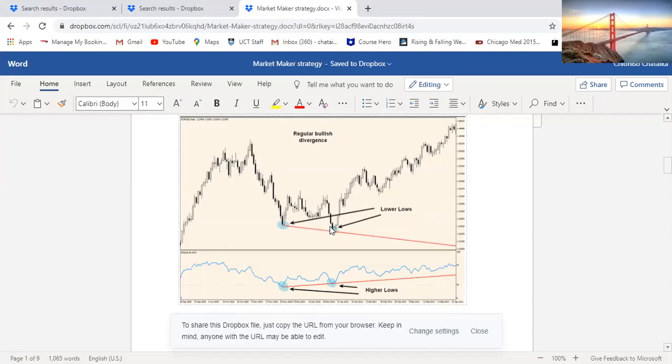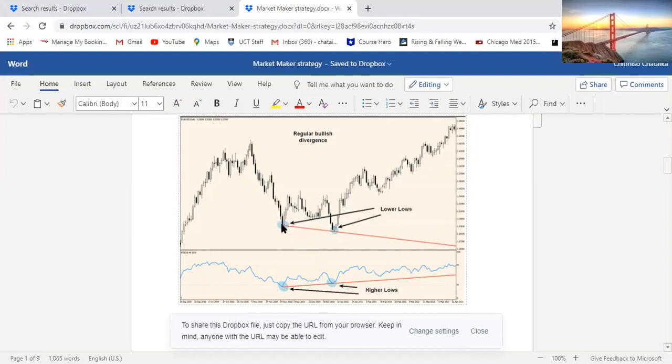But how you would see the opportunity is essentially this is the low. And if the indicator was showing what the chart is showing, you'd be seeing this downward slope, right? But the indicator isn't showing that. The indicator is showing an upward slope. And that's what we mean when we say that the chart is showing one thing and the indicator is showing another.